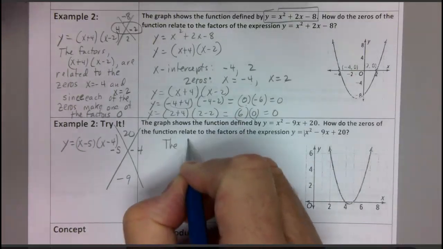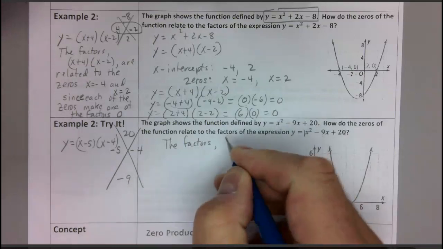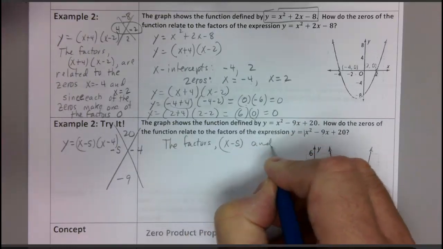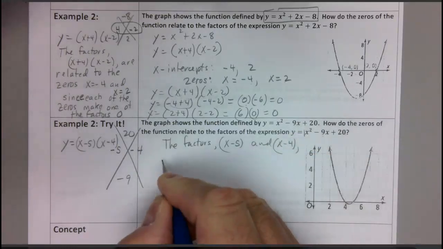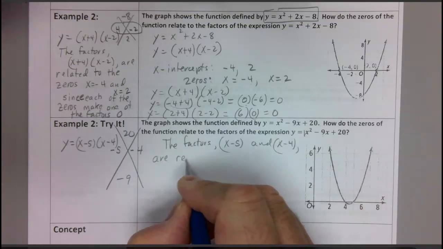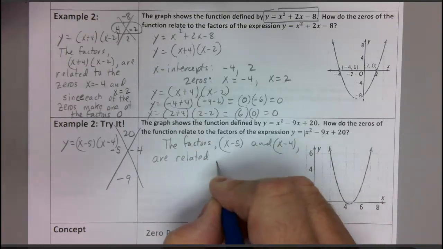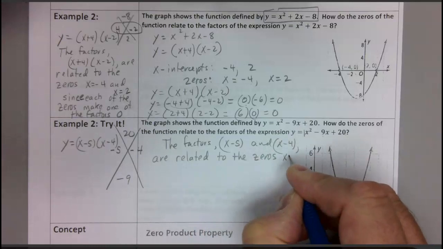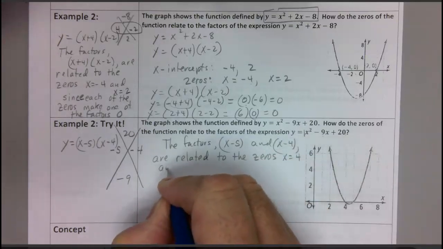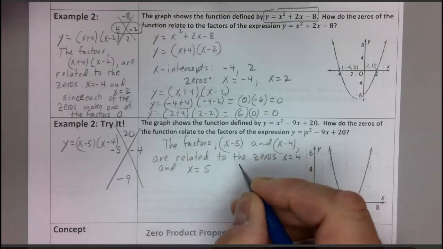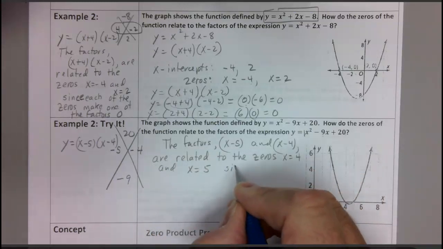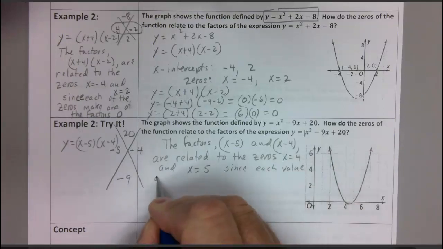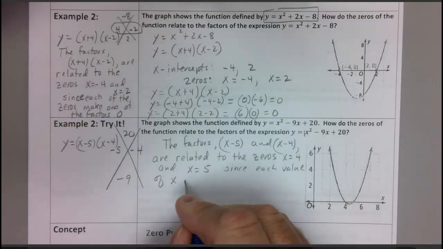Well, the factors x minus 5 and x minus 4 are related to the zeros x equals 4 and x equals 5, since each value of x makes one of the factors 0.